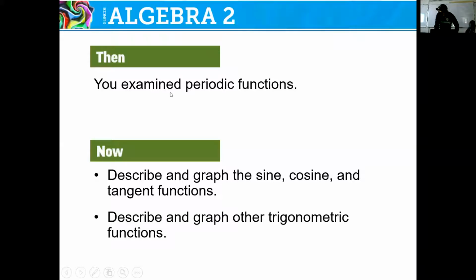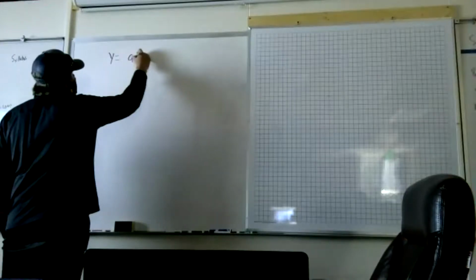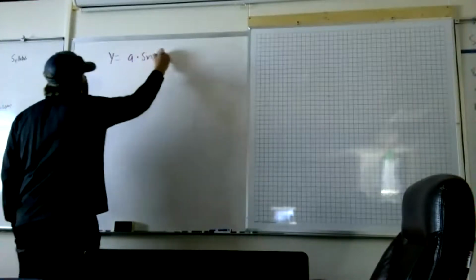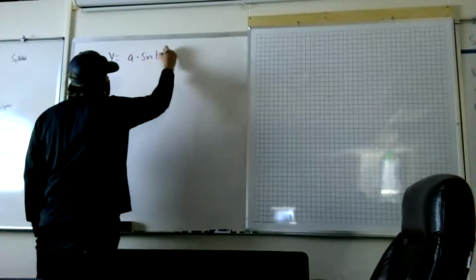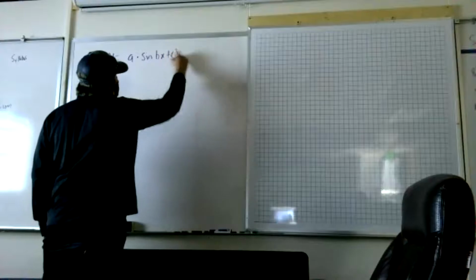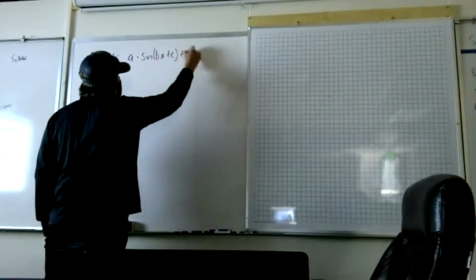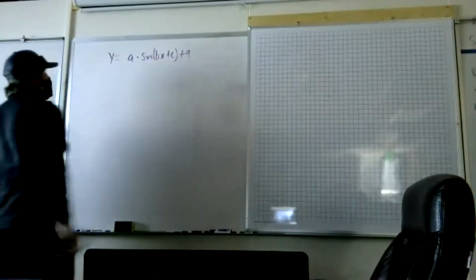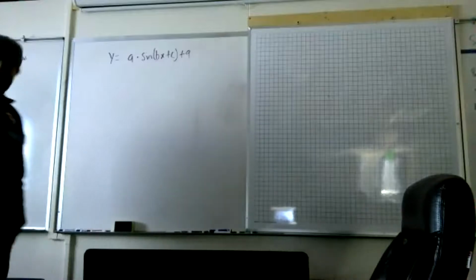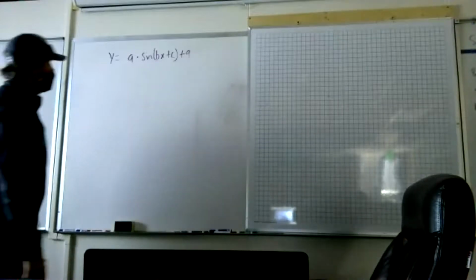So, first, there is a general form for each one of these trig functions. It can be written as: y is equal to a times the sine of bx plus c on the inside, plus d, where b is the coefficient of your variable.